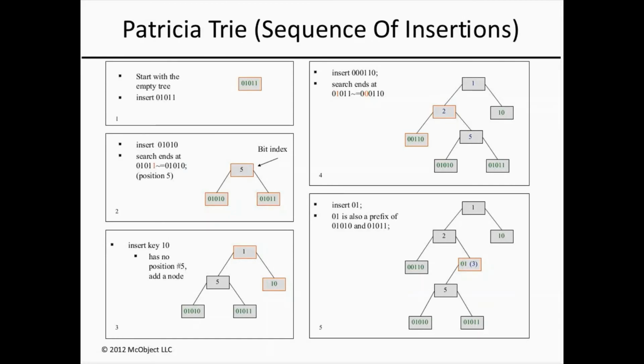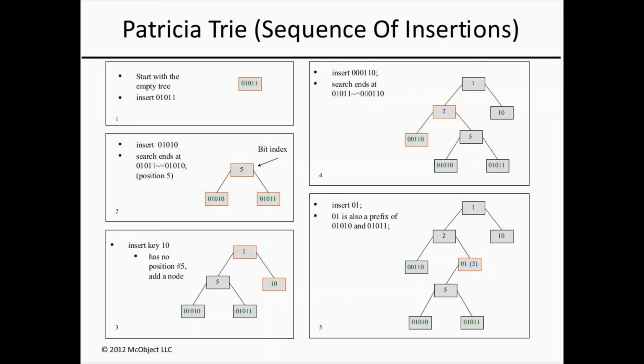So again, a Patricia is a normal binary tree. The edges of the tree are marked with a sequence of bits that is common for all the keys included in the subtree and is in fact kept in the node itself. Moving along the tree is simple. Given a key, compare its prefix with a sequence of bits kept in the vertex or in the node. If they're equal, then bite off the prefix and check the next bit. If it's 0, go to the left. If it's 1, go to the right.